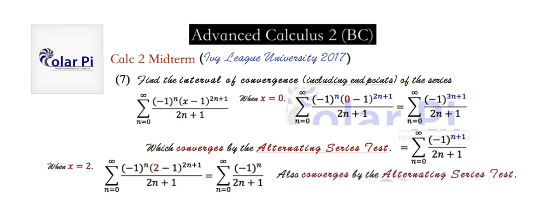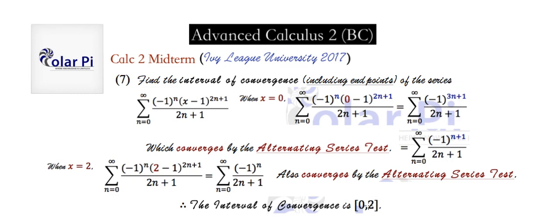It's alternating, it's decreasing, and the limit as n goes to infinity of 1 over 2n plus 1 is 0. So all three requirements of the alternating series test are fulfilled. So it converges. Therefore, the interval of convergence is [0, 2], including the endpoints 0 and 2.